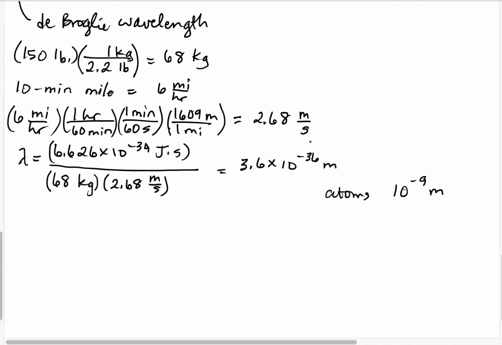But this is so many more zeros smaller that it's not even comprehensible to me. Nobody can measure this. So if you are running, you might have a de Broglie wavelength, but nobody can measure it because it's too small. So we can't prove that you don't have a de Broglie wavelength because it would be too small to measure.